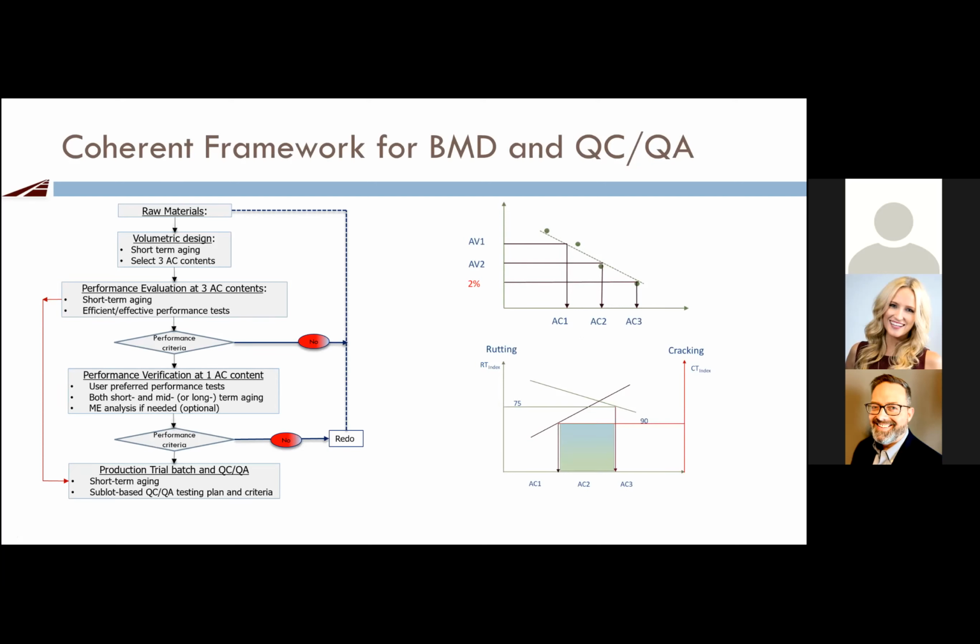After you blend all the raw materials together, let's move to the first pillar, volumetric design. We're talking about short-term aging here, that's really AASHTO R30. Short-term aging is 2 hours at compaction temperature, and you compact your specimen with the SuperPave gyratory compactor, and then you get air void versus asphalt content, and then you can choose. I really recommend three asphalt contents, not just one asphalt content at 4% air void.